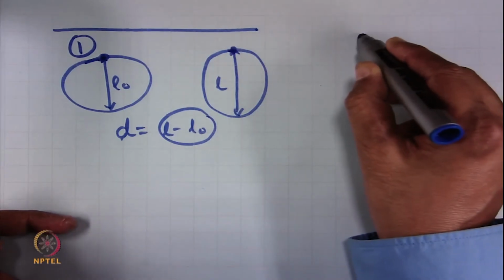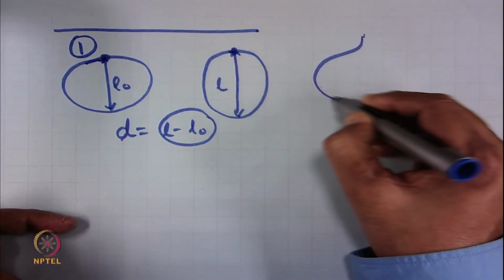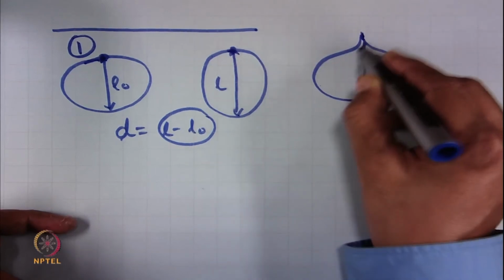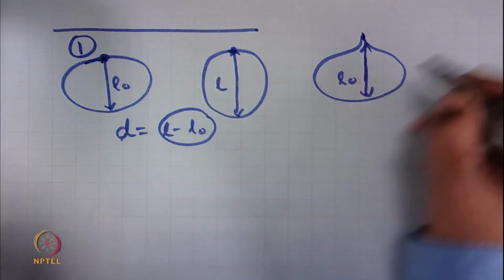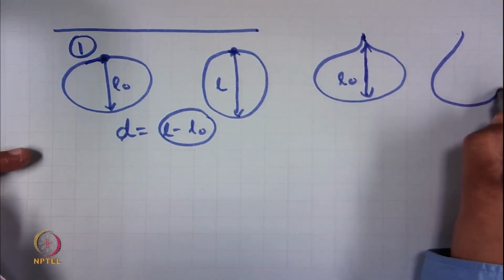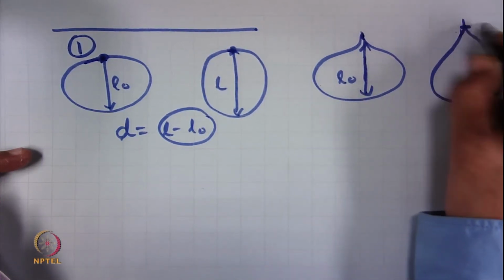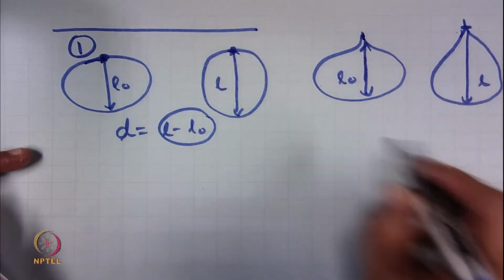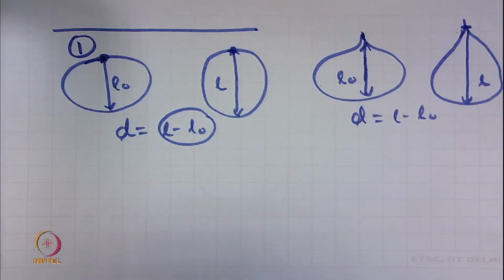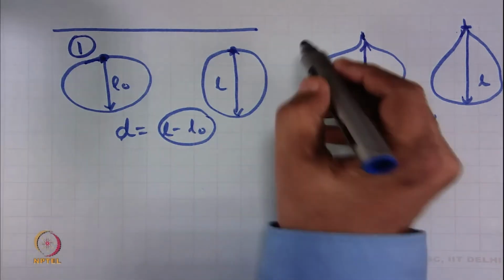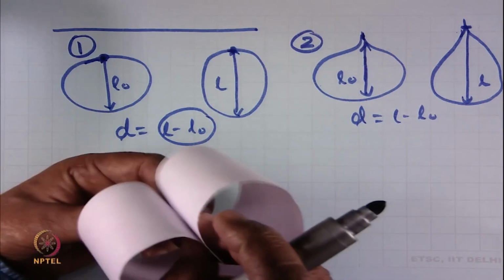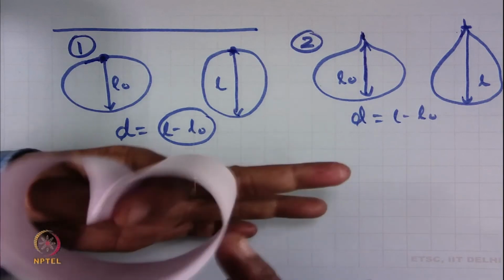Without deformation, this is the pear loop, L0, and on its own mass, if it gets deformed, L. So, D equals L minus L0. Similarly, the third type of loop is called the heart loop, which forms a heart shape. This is the heart loop.